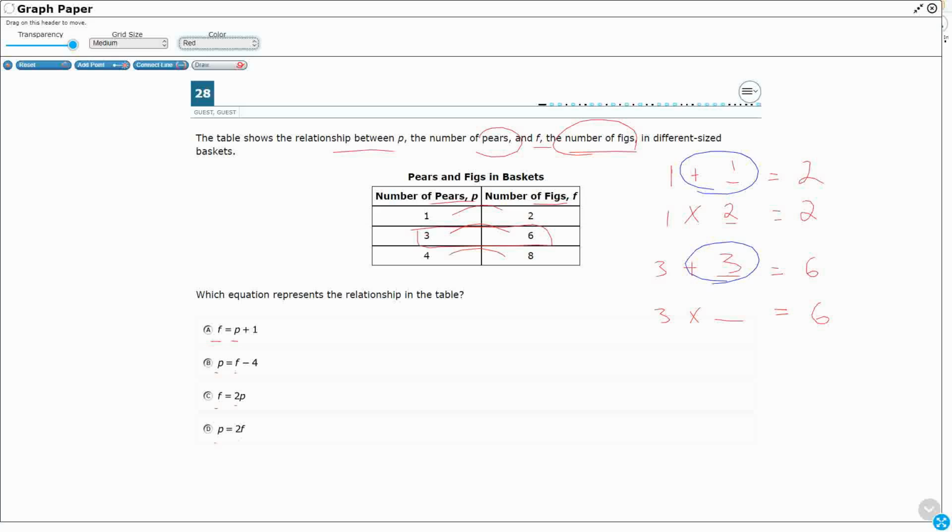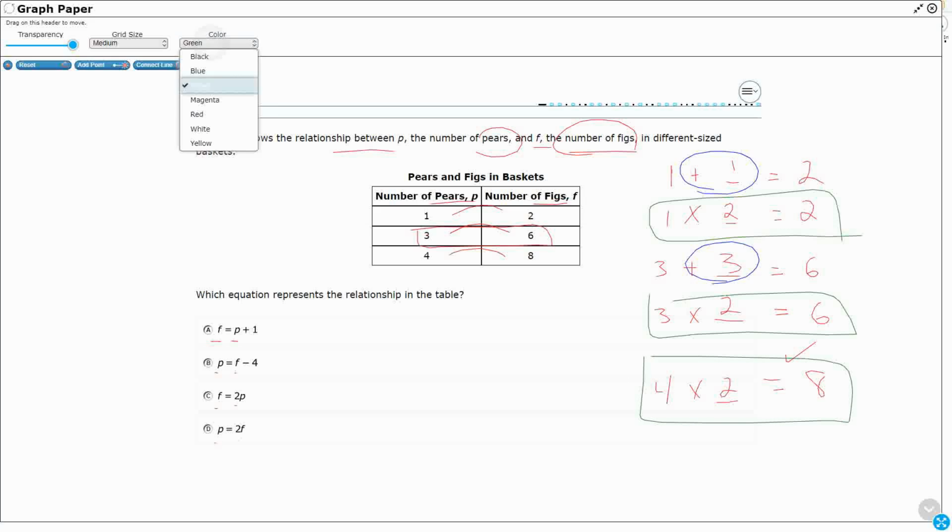But if I multiplied, it would be 3 times 2, and hopefully we're saying yes, this works. Times 2, times 2. So let's check times 2 on that last one. 4 times 2, does that equal 8? Yes, it does. So if we just had to write the rule, we could easily say the rule is multiply by 2.